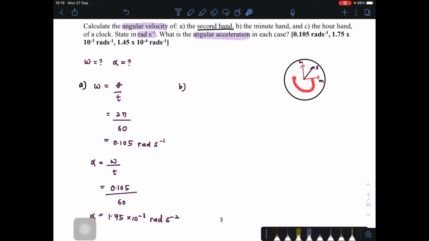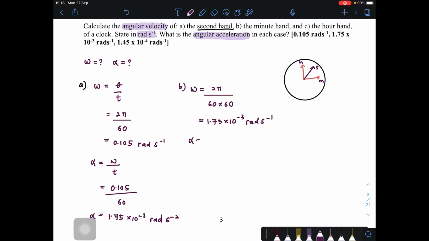This one. So sama juga, one complete cycle adalah sama dengan 2 pi. Okay, but untuk minute dia buat satu pusingan ni, dia akan dapat 60 minutes. So 60 minutes, you need to convert to second. And then you will get 1.75 exponent negative 3 radian per second.